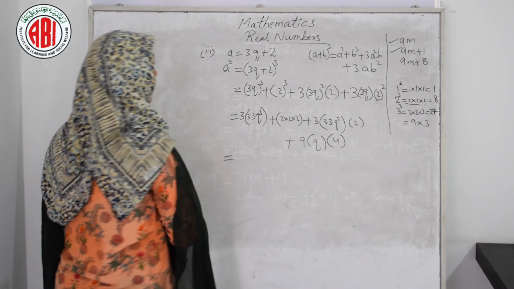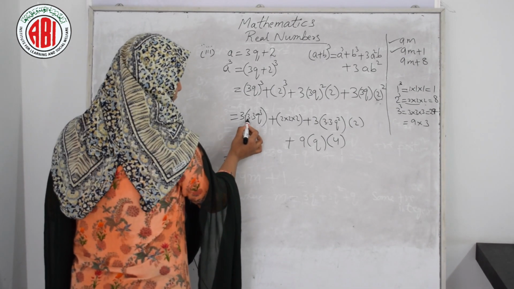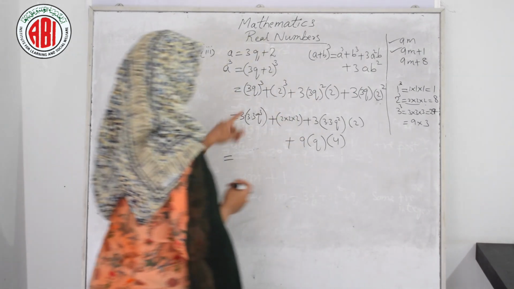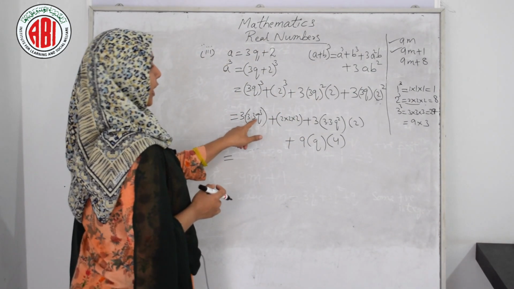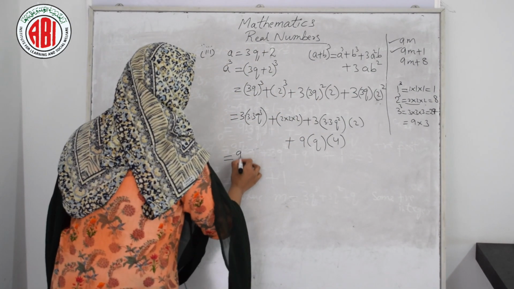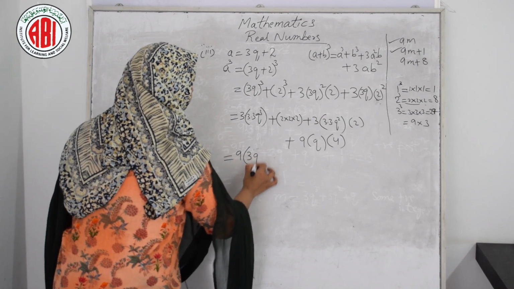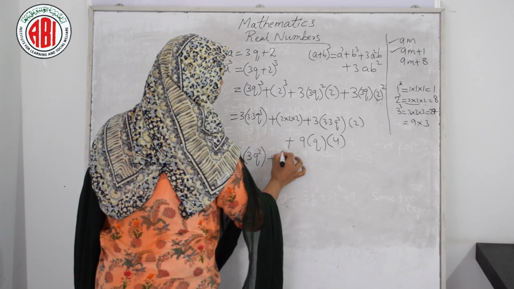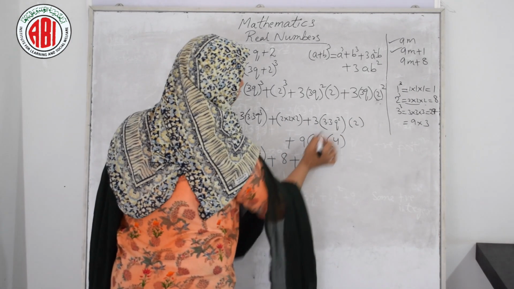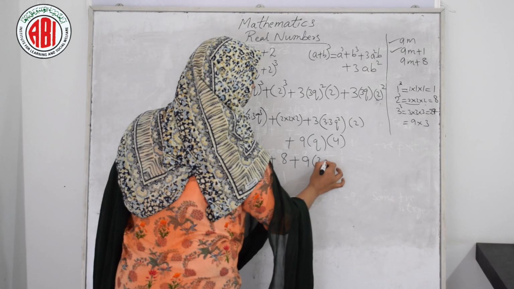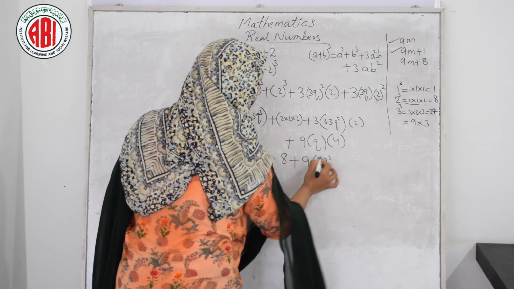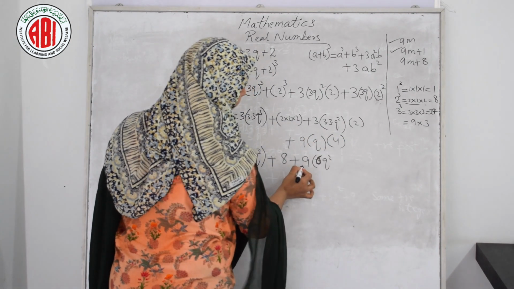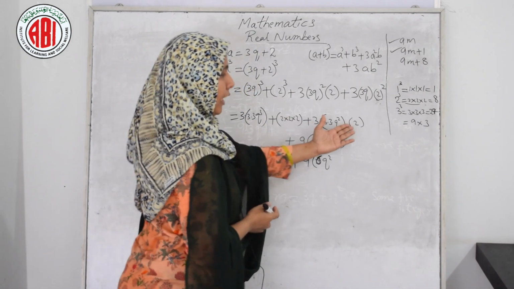Now here we can write 3 into 3 into 3. We want 9 as a common term, so we are multiplying it. 3 into 3, 9. 9 into 3q cube plus 2 cube, 8, plus 3 into 3, 9, into 3 square, q square, and 2 is also there.